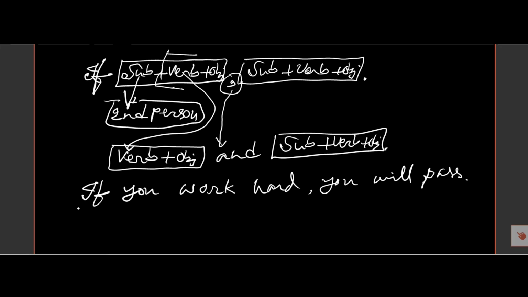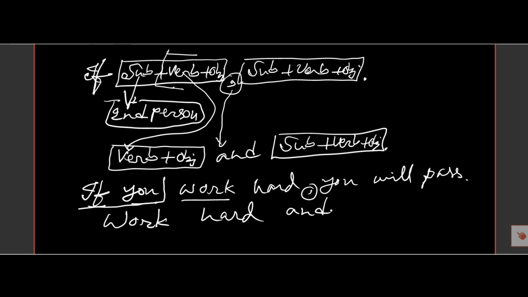So here if is the conjunction and the subject is second person, so we must remove this and we must begin with the verb. So work hard, and instead of the comma we must put here and, you will pass. This is the structure of complex to compound if there is if as conjunction.